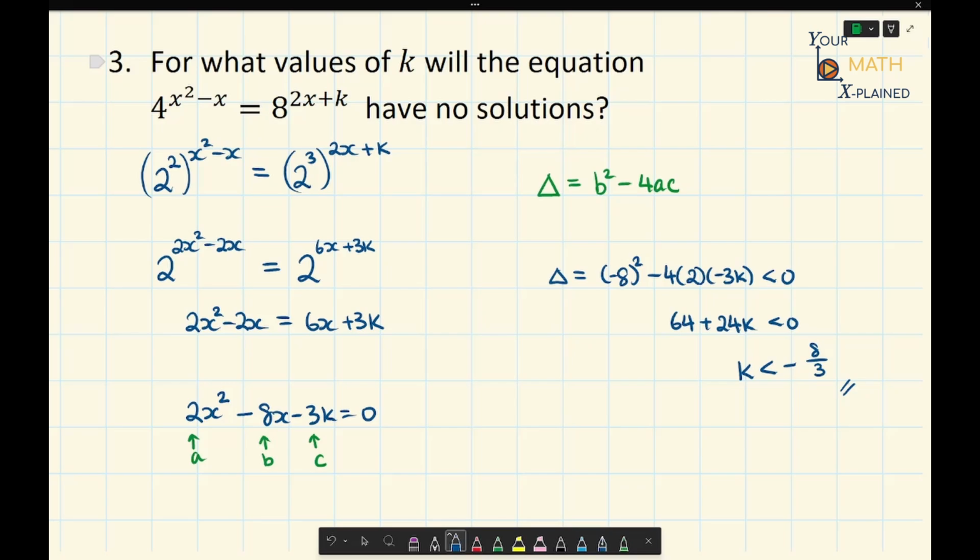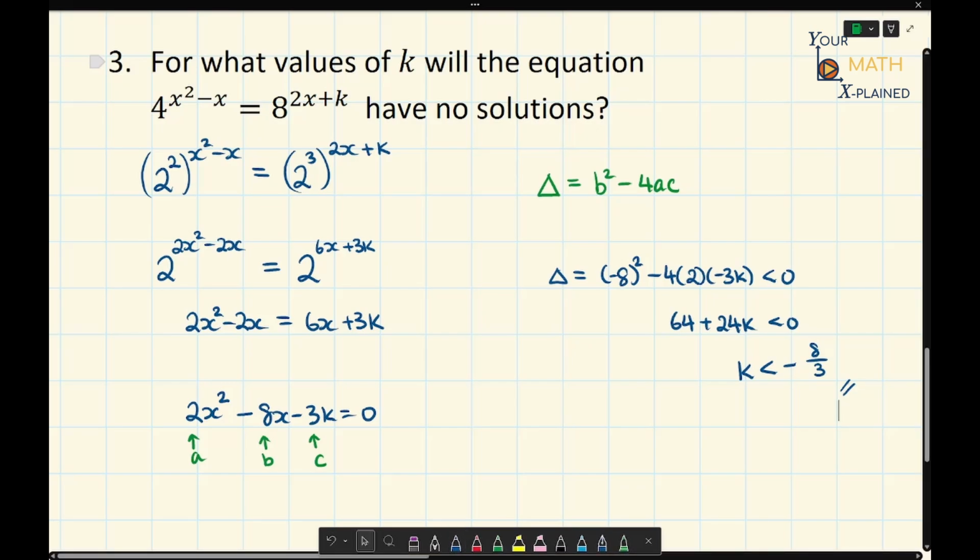So that tells us if k is less than -8/3, then our discriminant is going to be less than 0, which means this quadratic equation here will have no solution. But we got here by simplifying our original equation and getting both sides the same base. So we have arrived at the solution that if k is less than -8/3, then our original equation is going to have no solution.